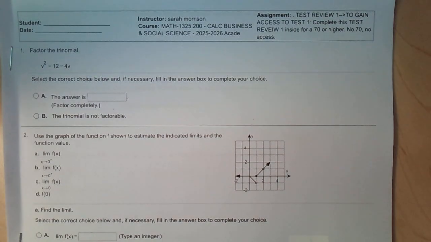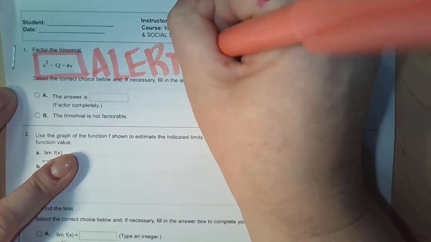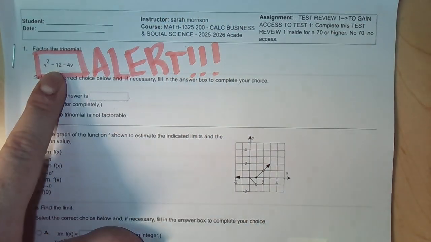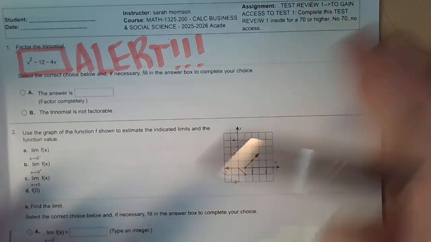That's all it is. For number 1, it says factor the trinomial. First things first, alert, alert, alert. This is not in the correct order. It looks funky. We're supposed to have the squared thing first.